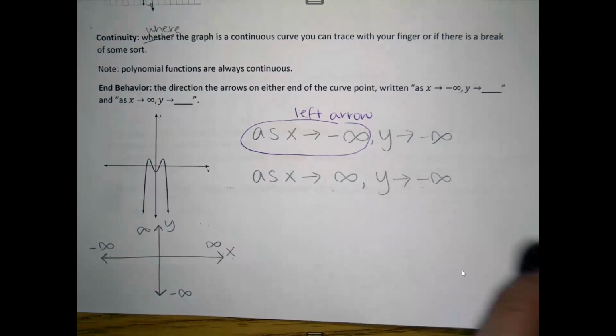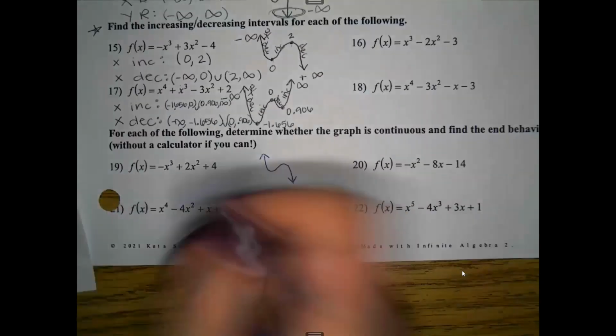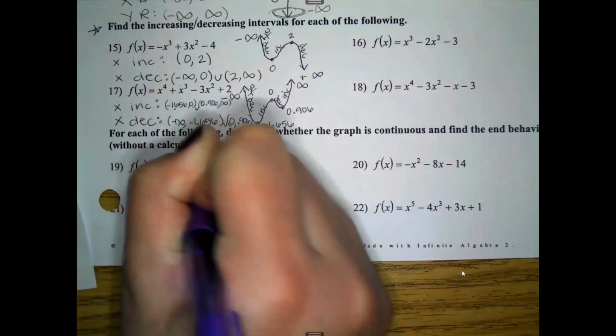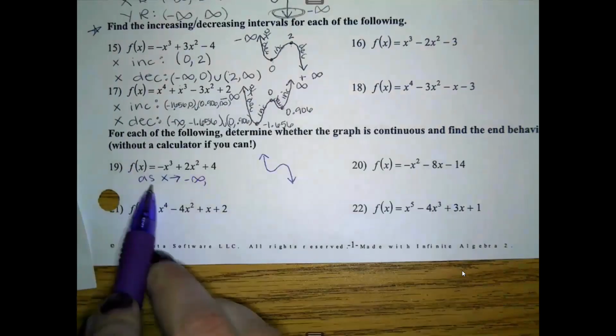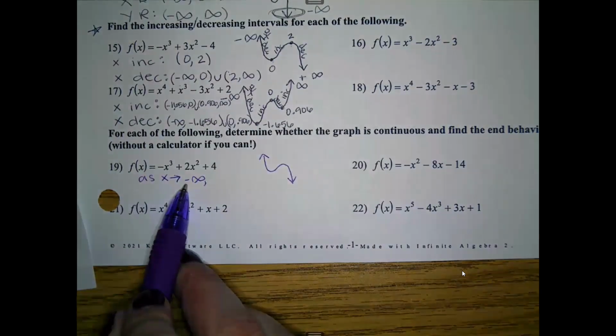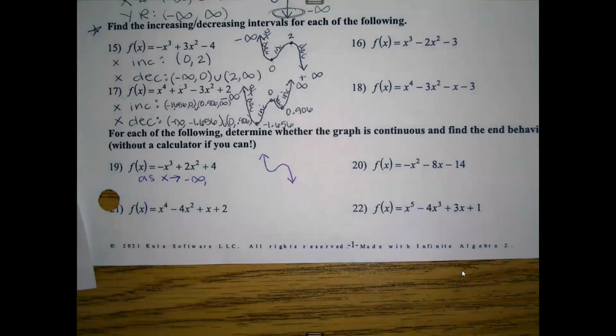So if we're going to describe the left arrow, we're going to say as X goes to negative infinity. This is us talking about the left arrow. And if we want to say that the left arrow goes up, we're going to say that Y goes to, and then which infinity are we going to use for up? Positive or negative?